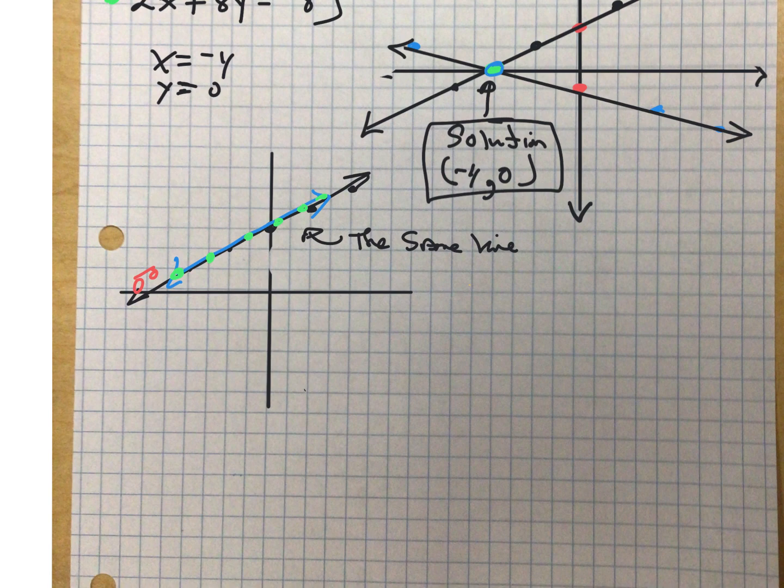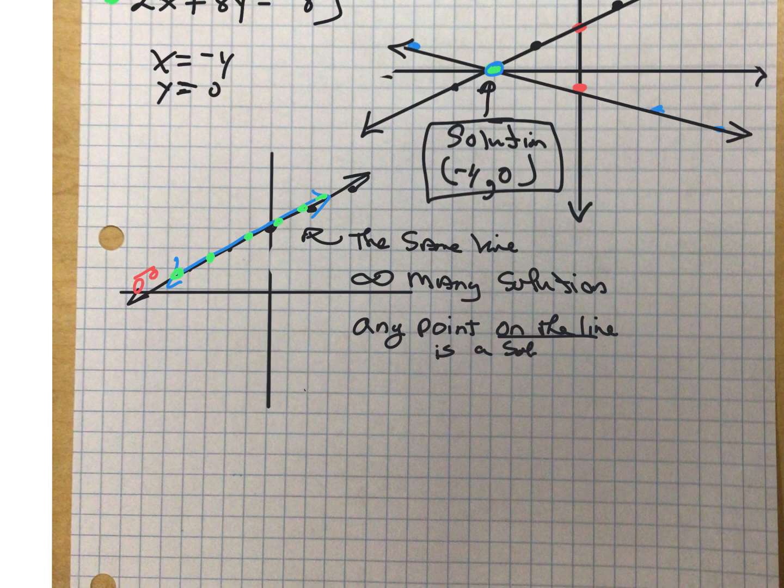So there are infinitely many solutions. And we say that any point on the line is a solution. So as long as it's on the line, it's a solution.